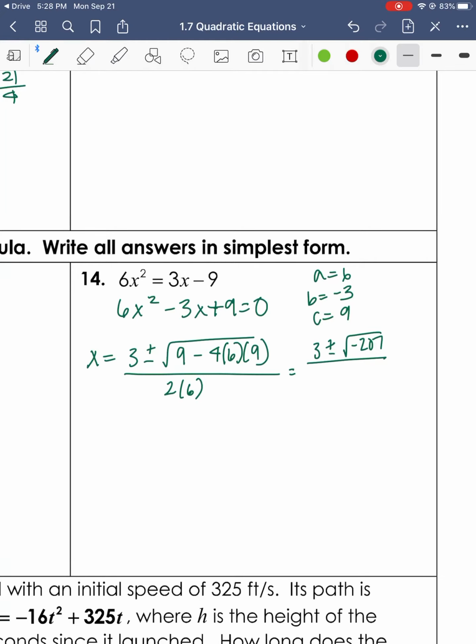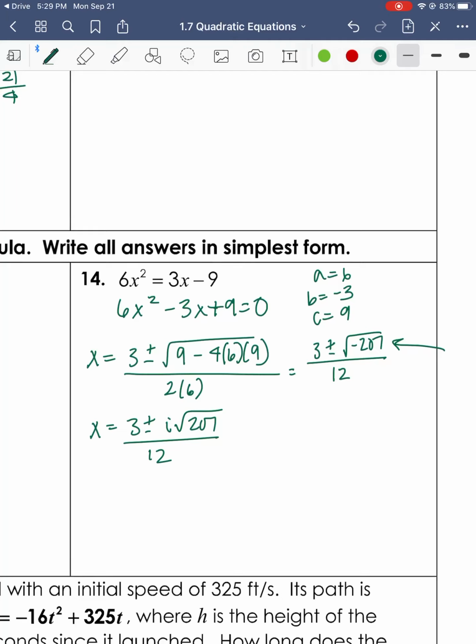That should be making a lot of you go, eek. It's the square root of a negative number. Okay, so before we do anything else, like always, we're going to have to take this negative out of the radical here. So we have x is equal to 3 plus or minus i root 207, over 12.